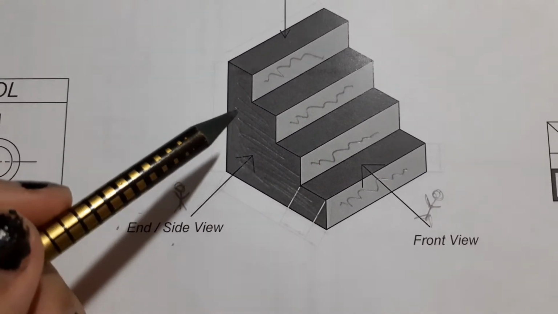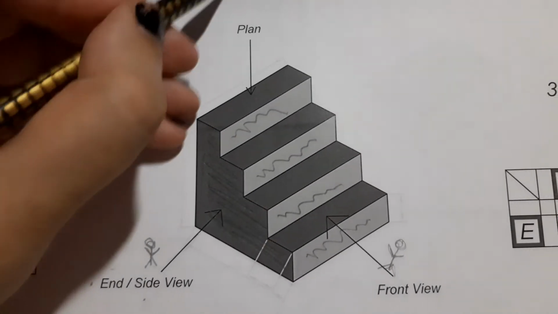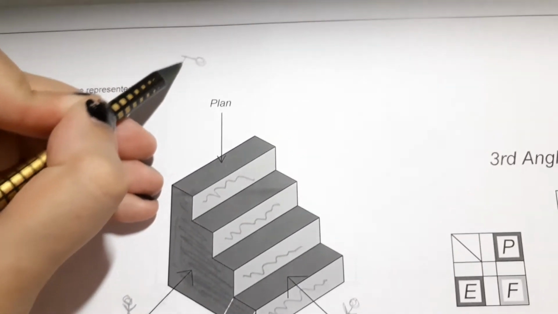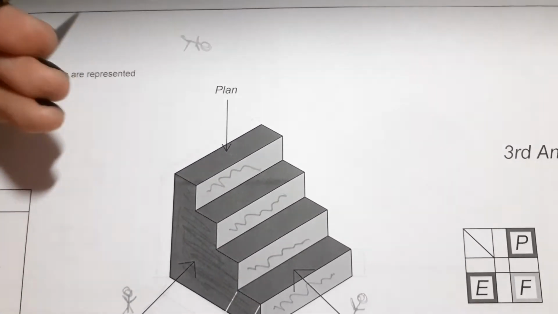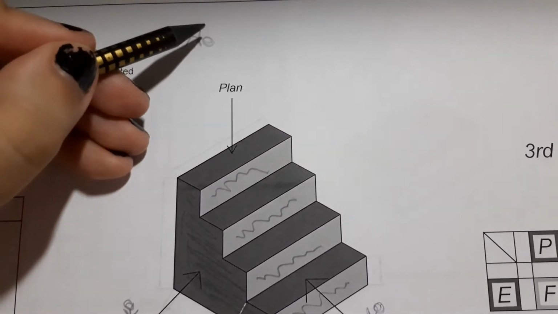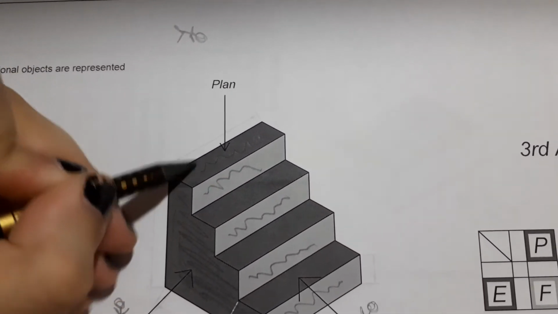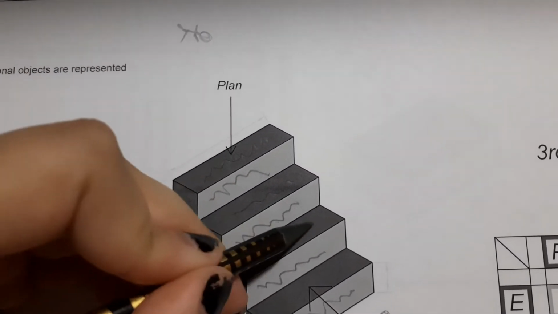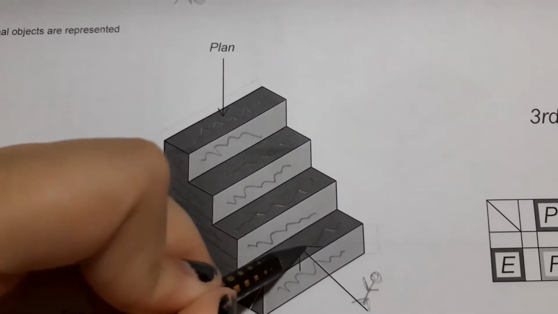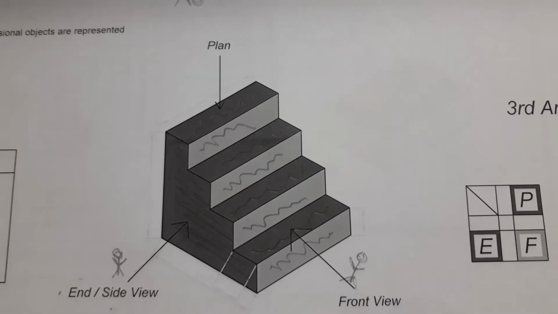And we also have the plan, which is when you're standing from up here and looking down. So what you would see are this, and this. Okay?